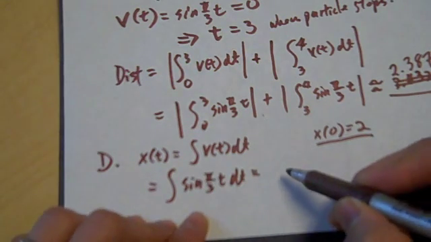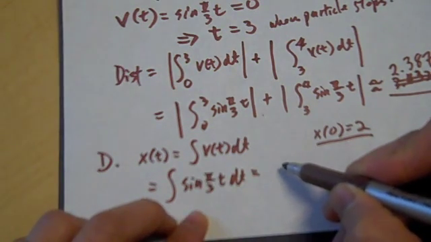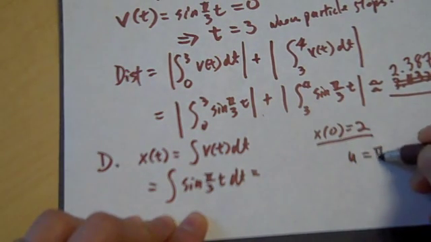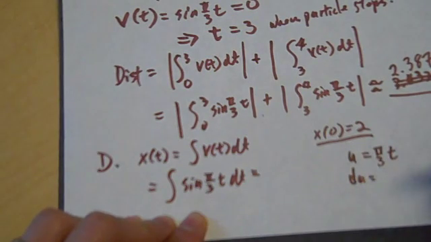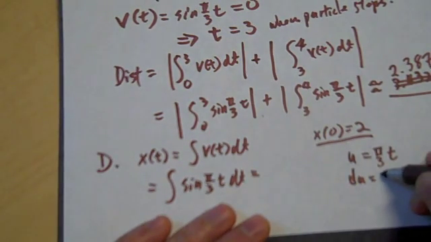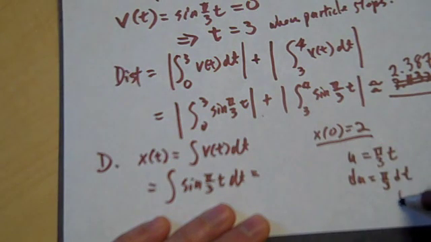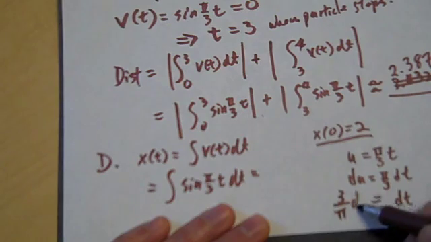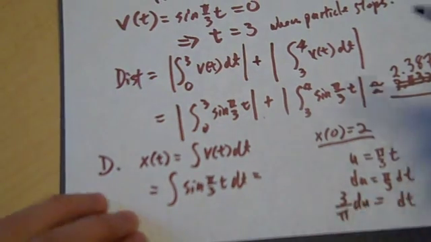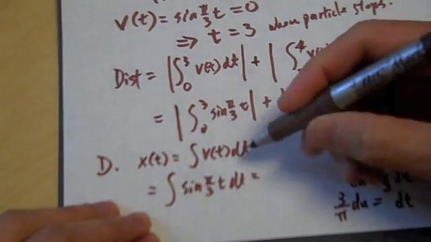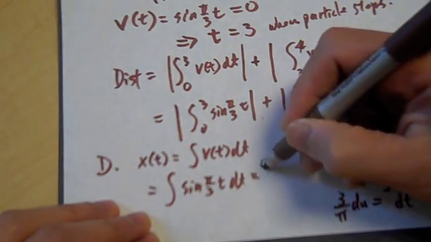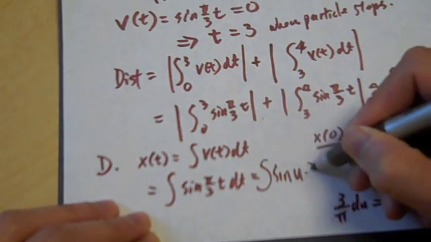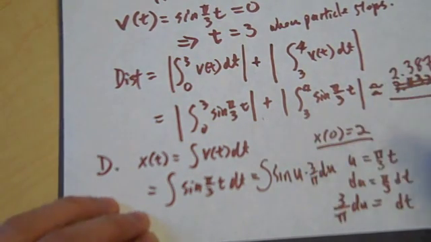This gives you what we got earlier, I believe. So if you set u as pi third t, using u substitution, then du is pi third dt, which gives you dt equal to 3 over pi du. So this gives me the integral of sine u times 3 over pi du.